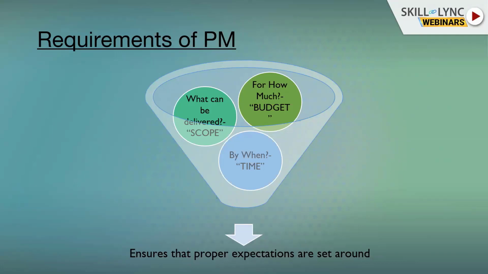And through various calculations, they get to know how much the budget is. We should always understand that proper expectations are always achieved, right? That product should always be achieved, what we are expecting.